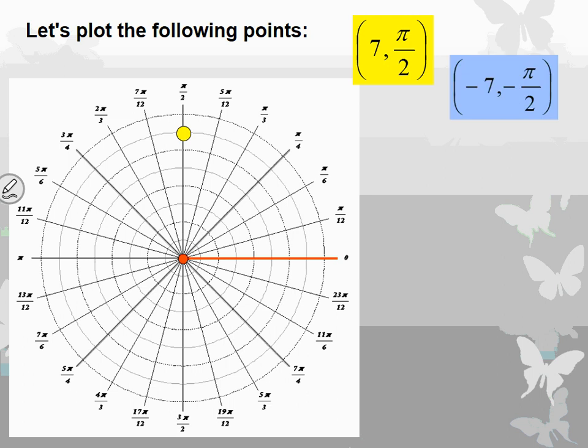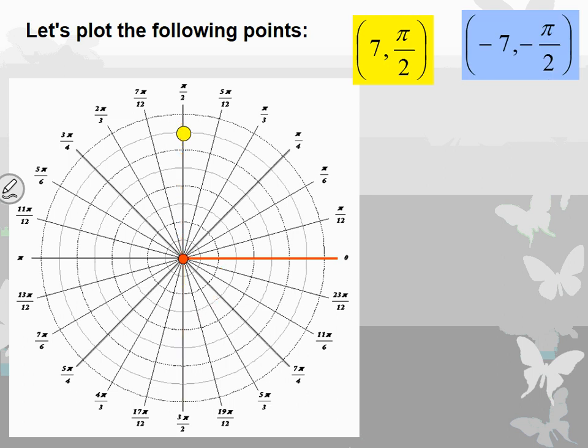Let's do another one. Okay. If I do -7 comma negative pi over 2, this is where it matters that you do the angle first. So we go negative pi over 2. We know negative pi over 2 is going to provide that angle right there. Okay, because negative means we go in the clockwise direction, correct? And if it was just 7 comma negative pi over 2, we would count out 7 circles.